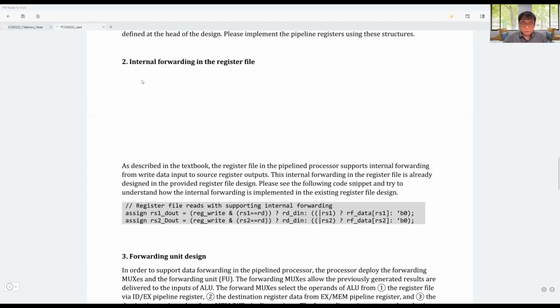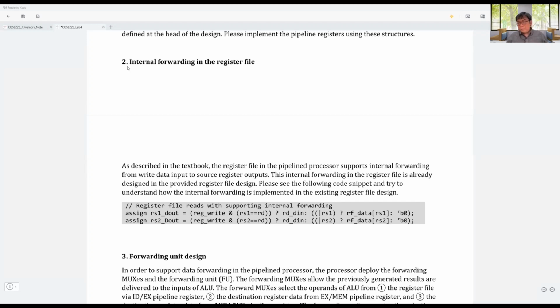You can only instantiate the top module in the test bench, and that's it. You can simulate your top module with this test bench, and if you run it, the test bench will generate the report file, like design lab number 3.